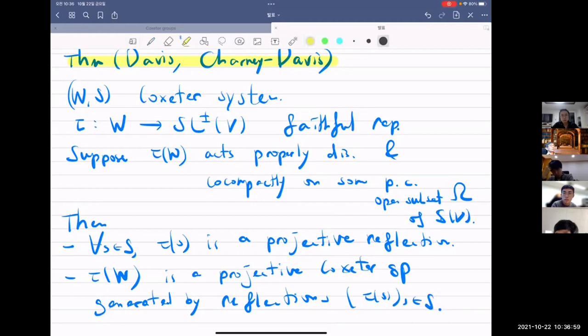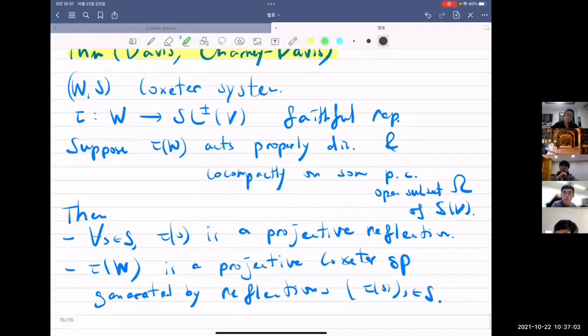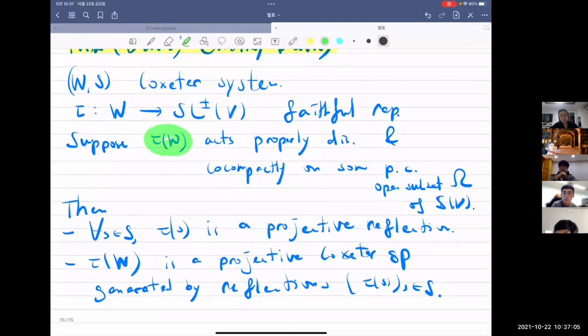So what is the point of this theorem? This discrete group acts co-compactly on this Omega, but then this guy should in fact be a reflection.